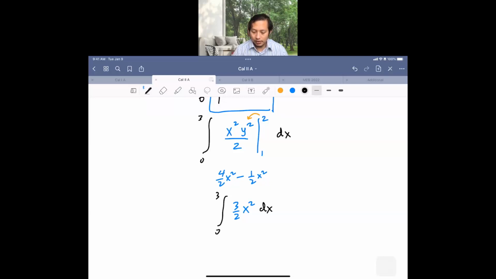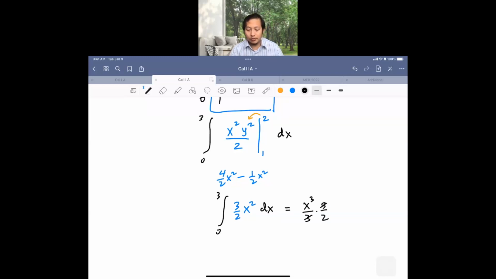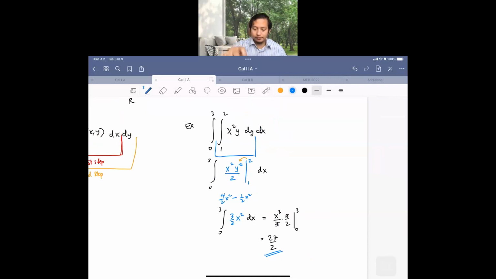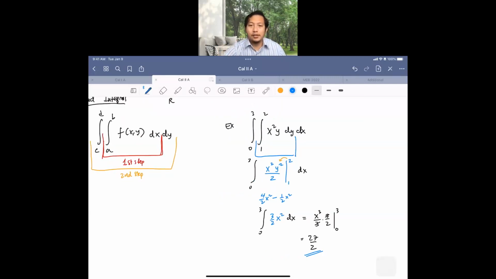Then we integrate x squared, so we will have x to the power 3 divided by 3 multiplied by 3 over 2. So we have x cubed over 2 from 0 to 3, and we will have 27 over 2 as the result. So that is how we can use the double integrals in practice.